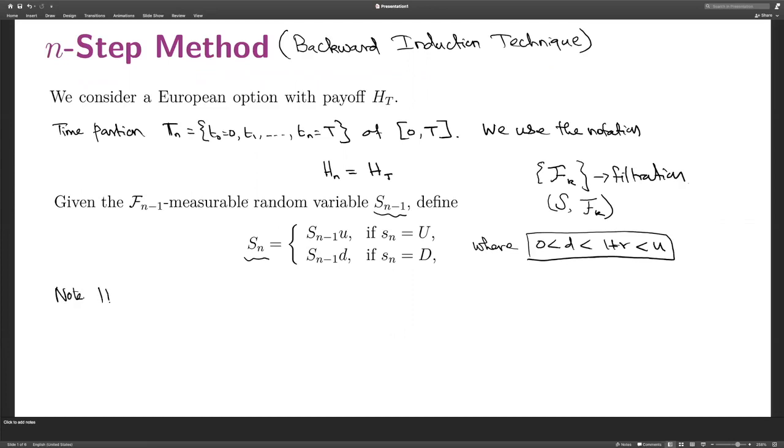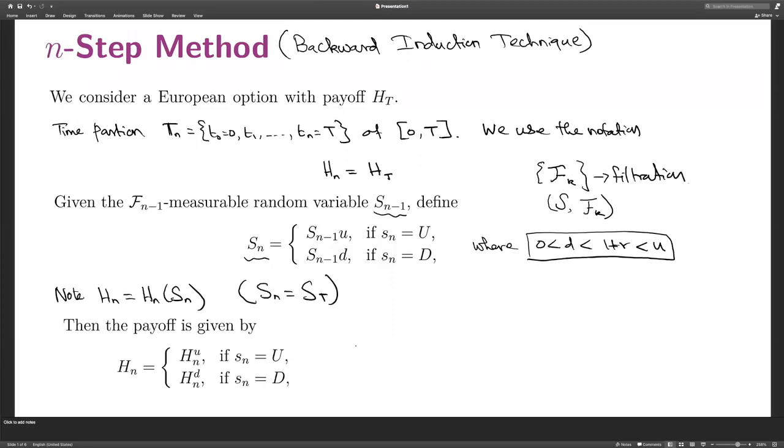Remember, Hn, which is the payoff, is a function of Sn, right? See, Sn is nothing but S_T, that is the stock price at time capital T. So you can define Hn like this, where Hn^u is max of 0, S_{n-1}u minus K for call options and 0, K minus S_{n-1}u for put options.